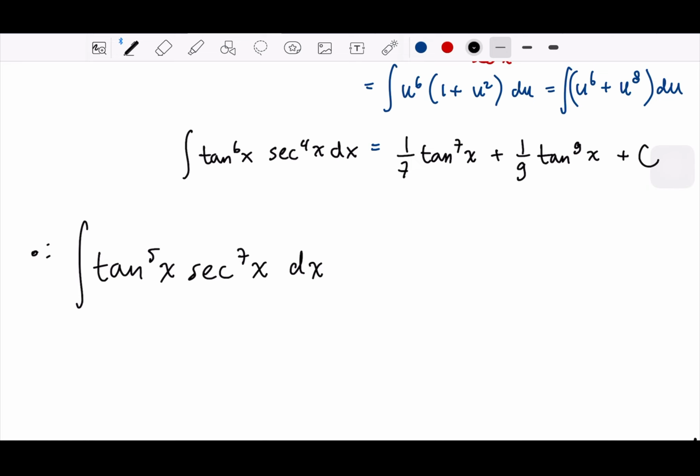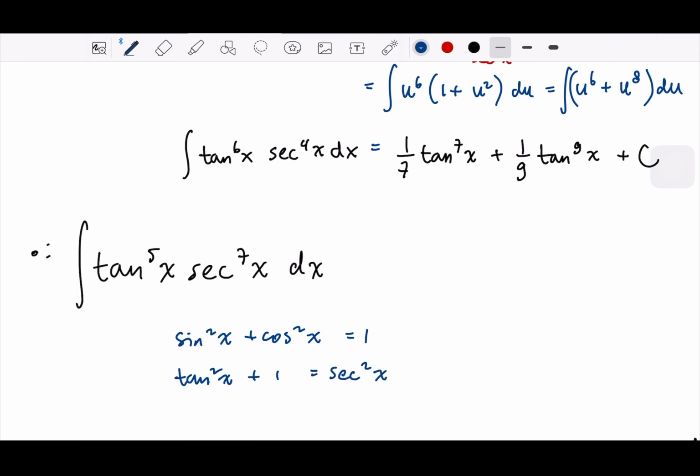Now the idea, since the basic identity tells us that secant squared, well, you could always start from sine squared plus cosine squared. If you ever forget, this is tangent squared plus 1 equals secant squared, right?